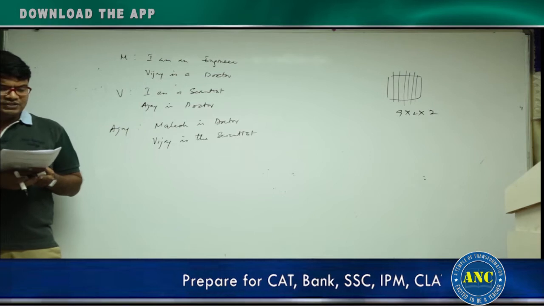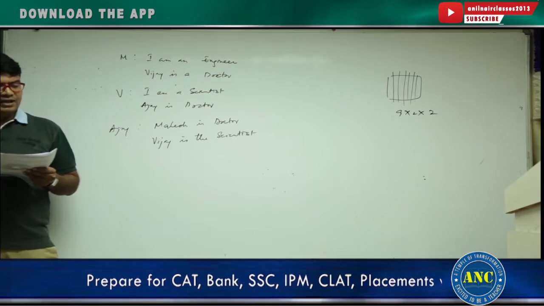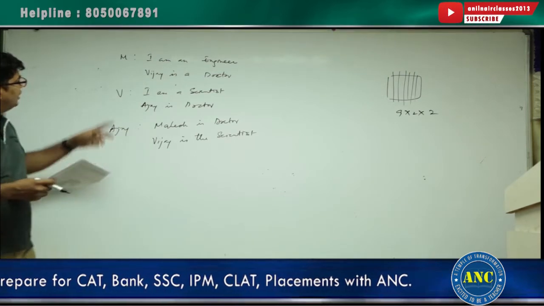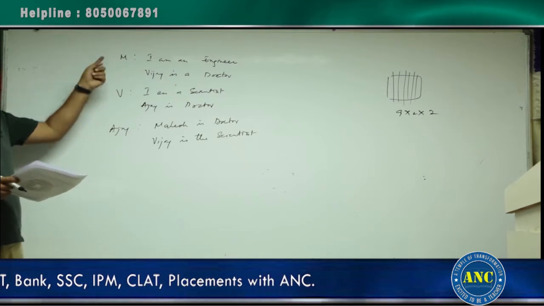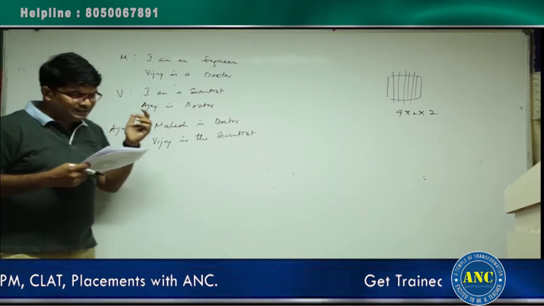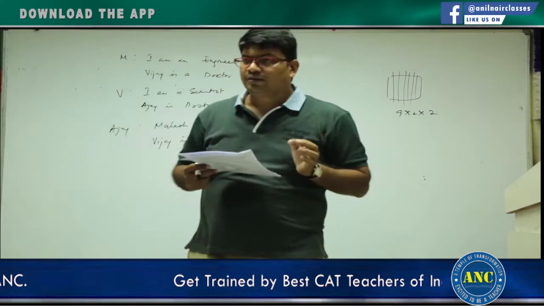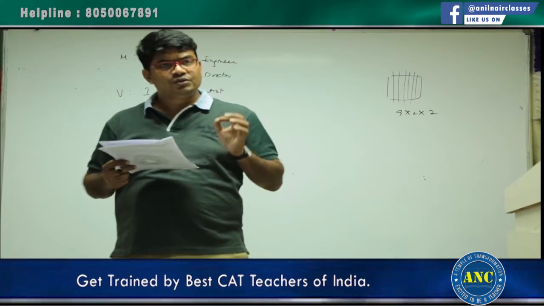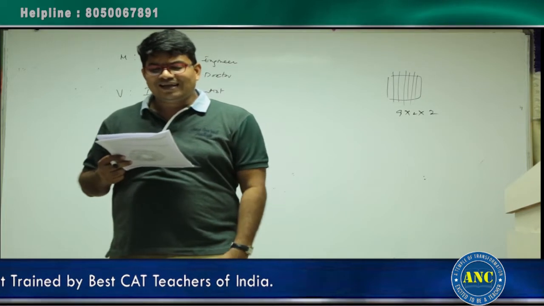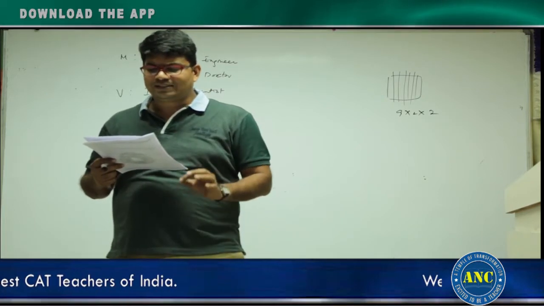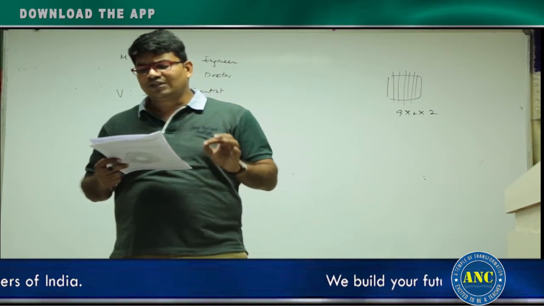Now, these questions are based on the following data. There are 3 friends, Ajay, Vijay and Mahesh. Exactly one among them is the true teller, that means he speaks the truth. One is a liar and one always alternates between truth and lie.